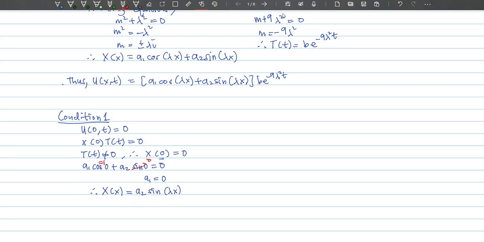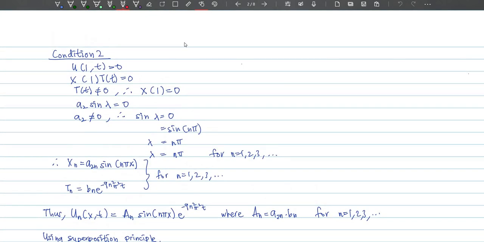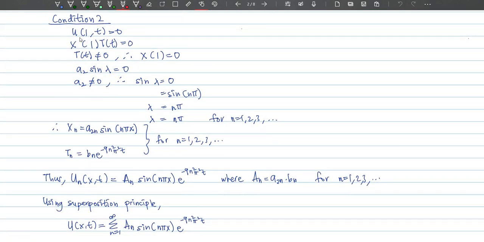Next, we need to apply the second condition, which is u(L,t) equal to 0. L is equal to 1, so u(1,t) equal to 0, which means X(1)T(t) equal to 0. Since T(t) does not equal 0, X(1) equals 0. We substitute 1 in the equation we got from the first condition, X(x) equal to A2 sin lambda x.